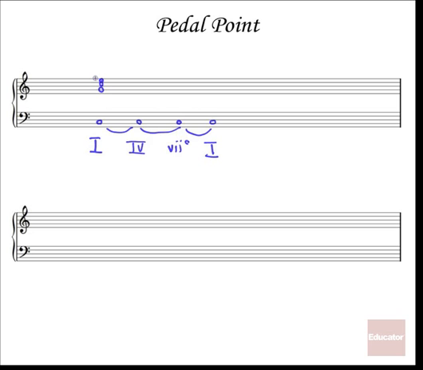So we start with a consonant sonority here, and then we move to a 4 chord, which would be A, C, F, and then we move to a 7 chord, so that would be B, D, F, and then move this back to a 1 chord.